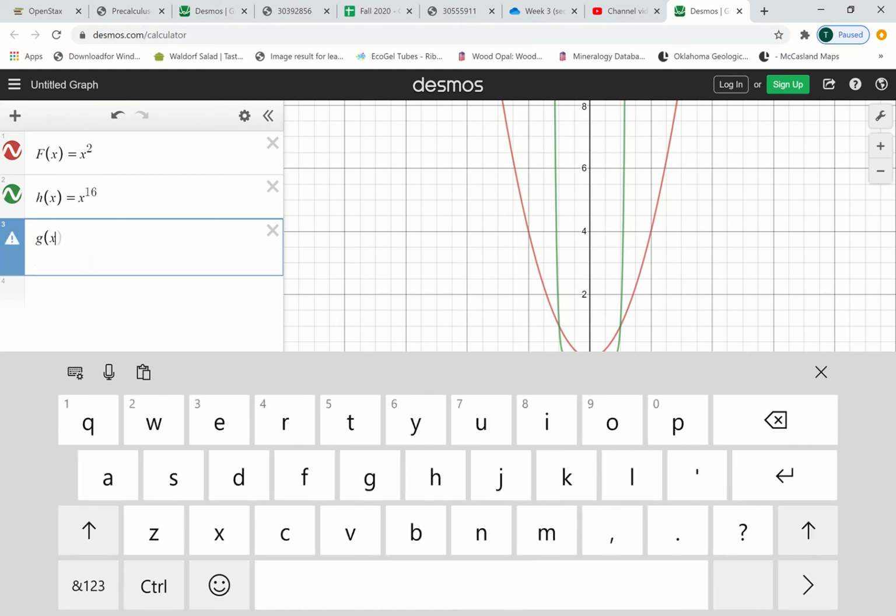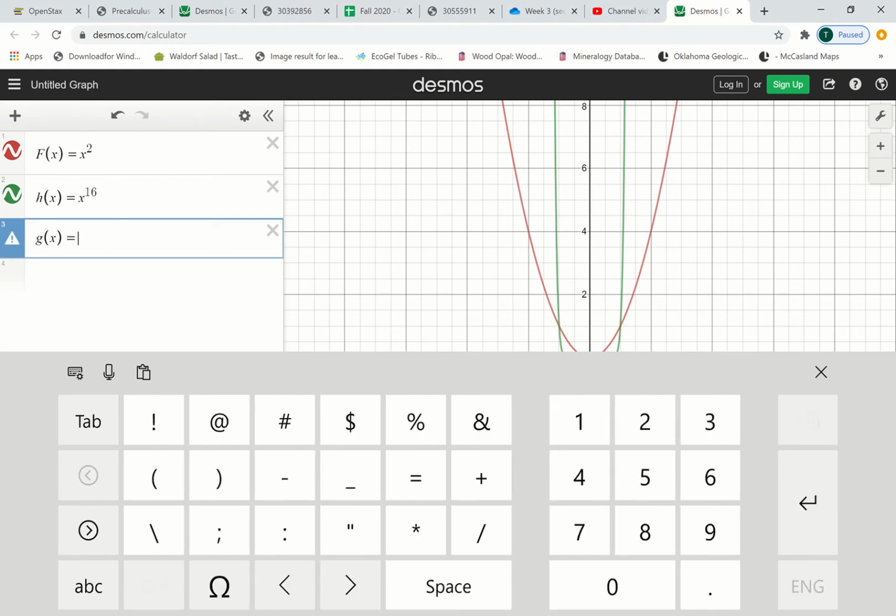So we're going to say g of x equals x to something really big, to a super extreme. You know what?